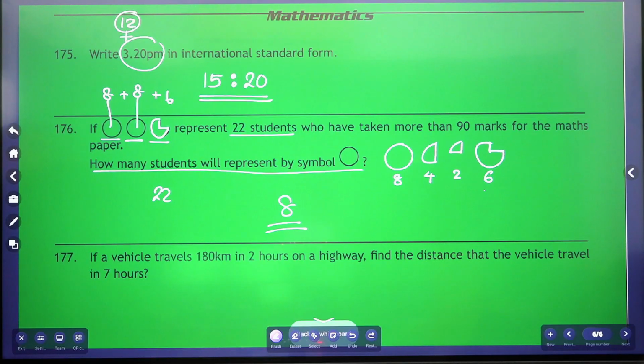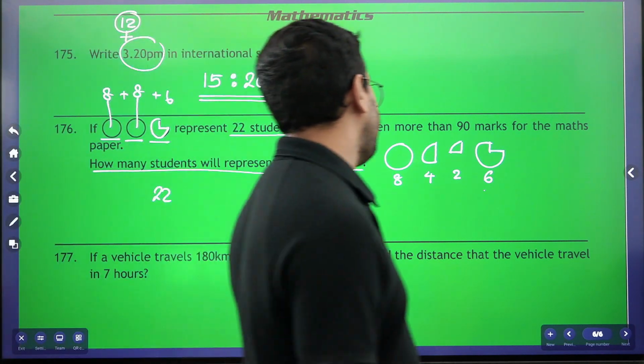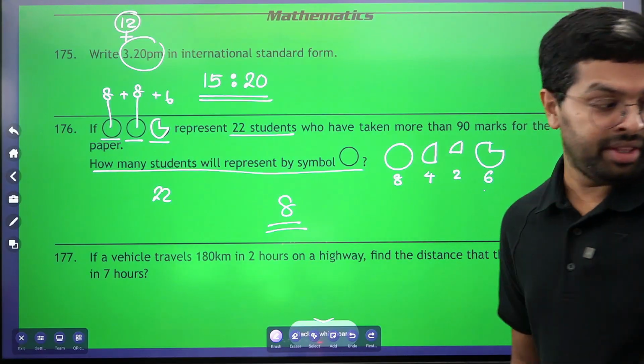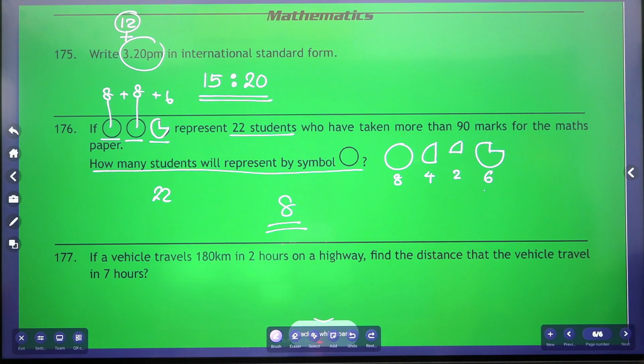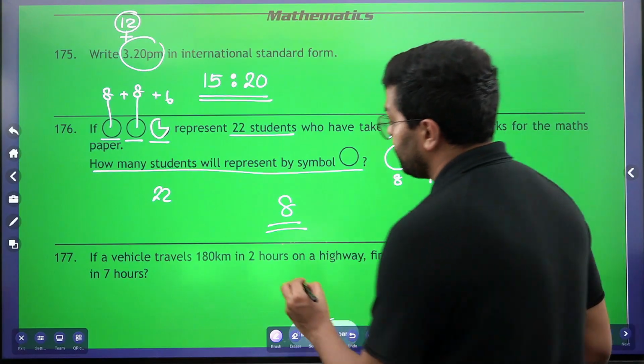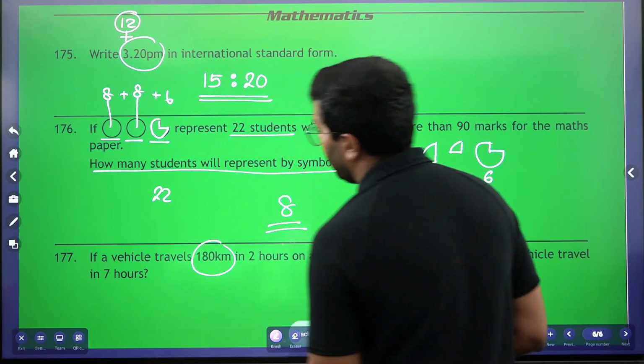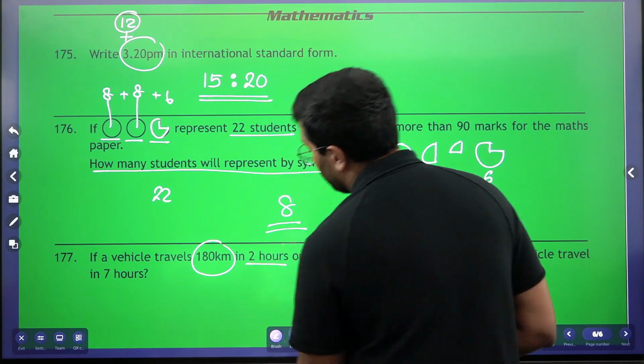Okay. If a vehicle travels 180 kilometers in 2 hours on a highway, find the distance that vehicle travels in 7 hours. Now this vehicle travels 180 kilometers in 2 hours.